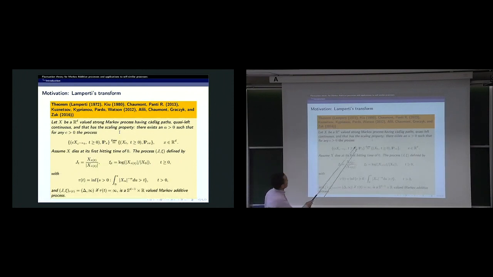There was before also a paper by Kuznetsov, Kyprianou, Pardo, and Watson, where they formalize in this setting the paper that is here.